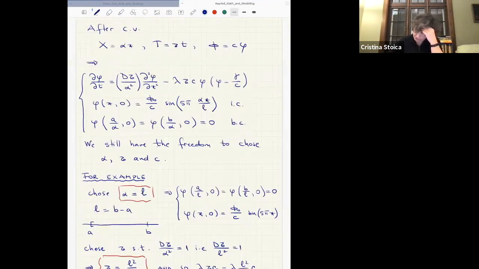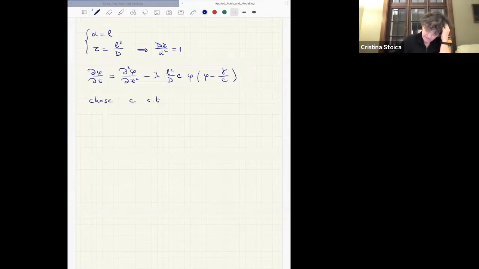Now I'm going to choose the C so that this becomes 1. So phi naught is actually little c. With this choice, our problem becomes the equation with minus lambda and then this parameter.